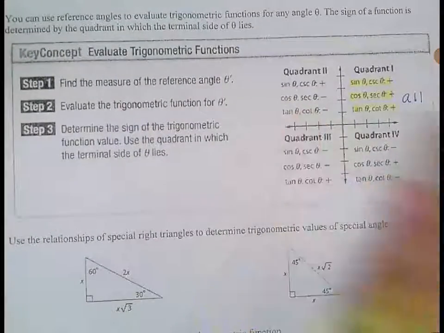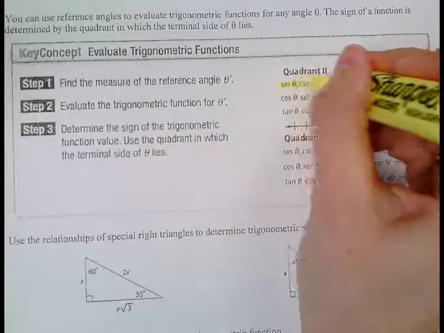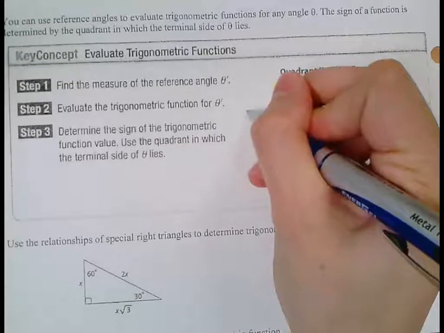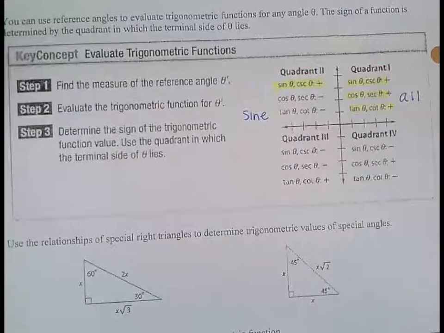In quadrant 2, only sine of theta, and therefore its reciprocal cosecant of theta, are positive. Cosine and its reciprocal and tangent and its reciprocal are both negative. So only sine is positive in quadrant 2.